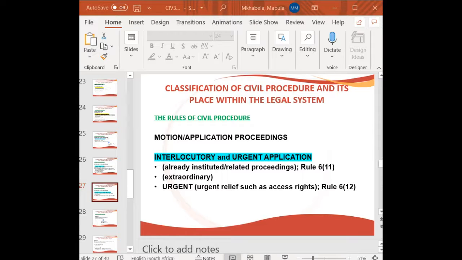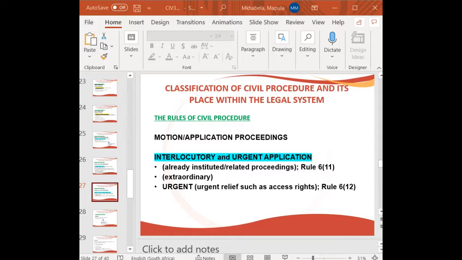The court will put proceedings on hold and deal with the matter of interlocutory or urgent application. Set the matter down and return to the ordinary application or action proceedings.